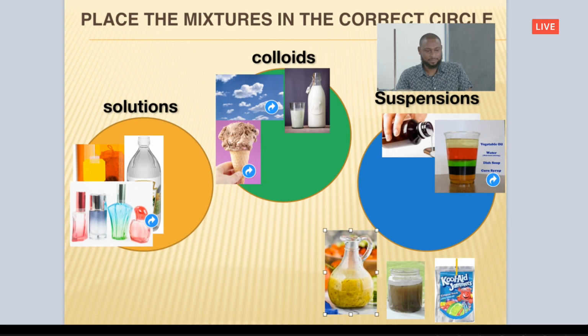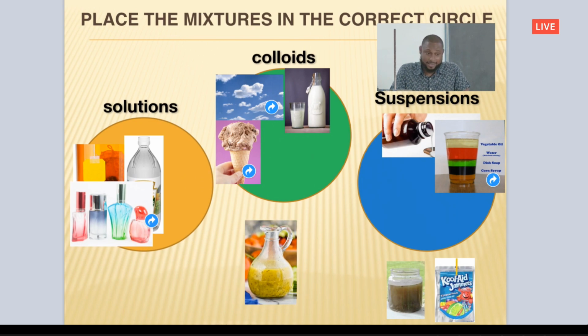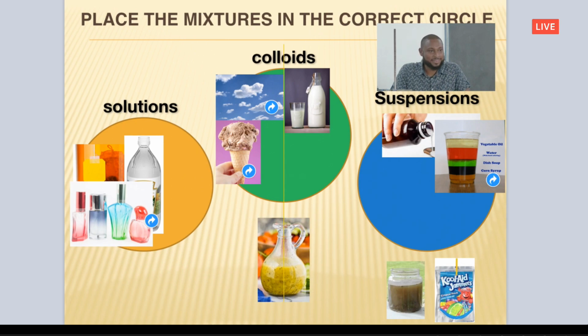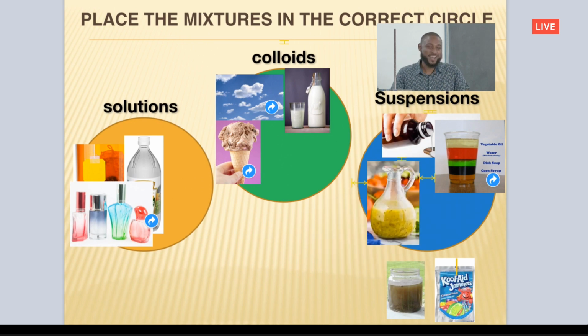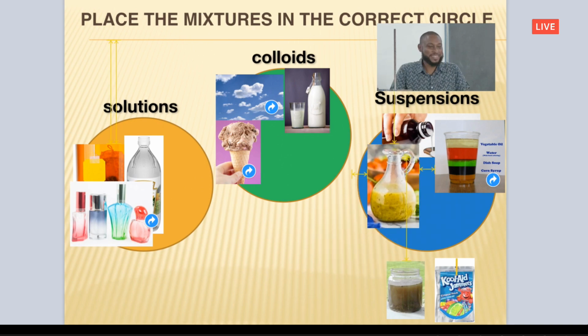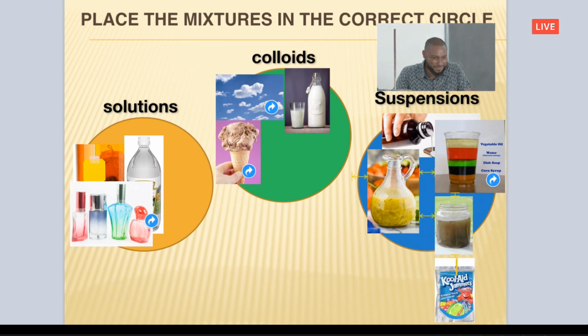Next, based on the fact that I have to shake it up and it settles out, Italian salad dressing must be a very good suspension. Our tech man got it locked. And even bubbles, which should have indicated a colloid. So if it settles out, that means mud must be a suspension. Wow. Our tech guy got it locked.